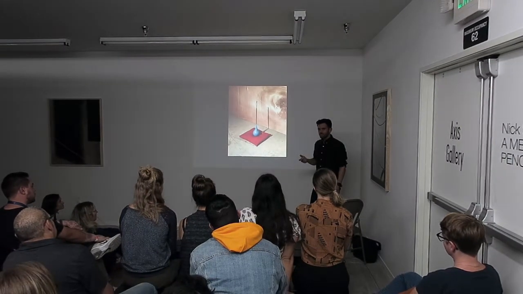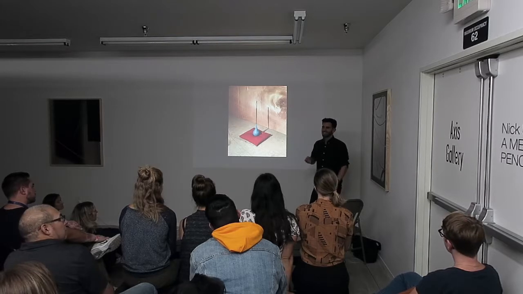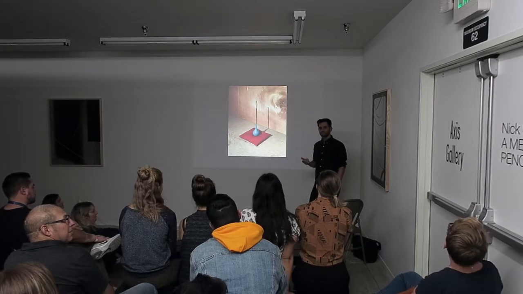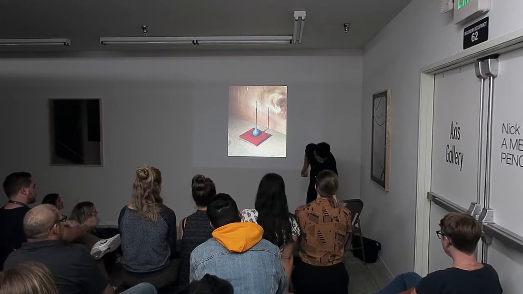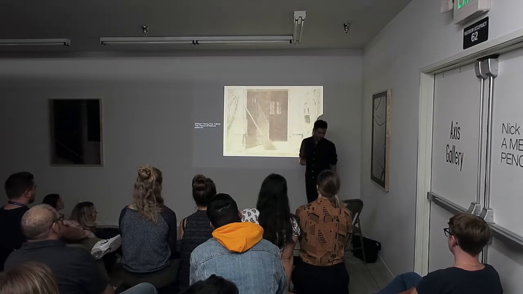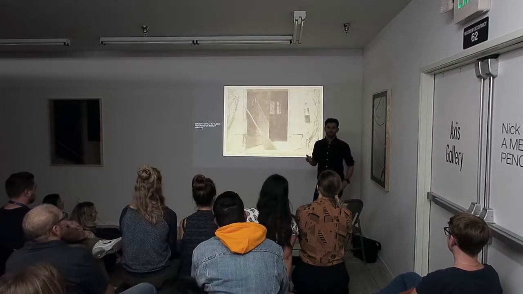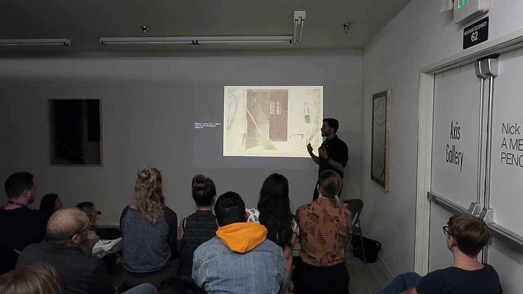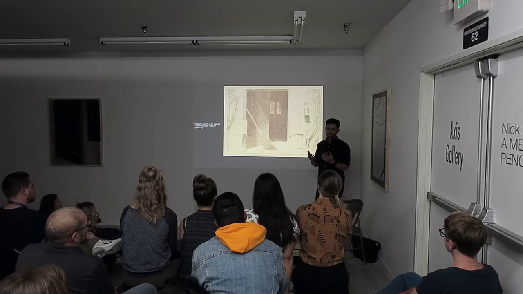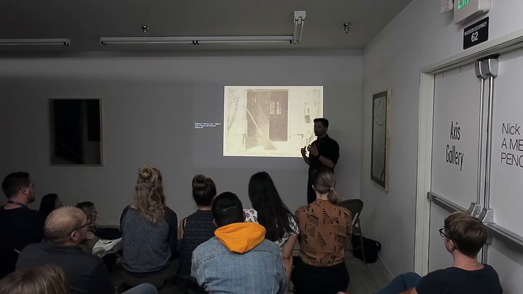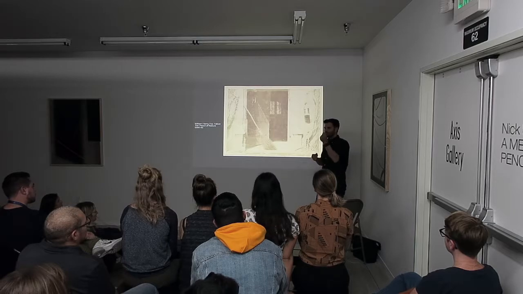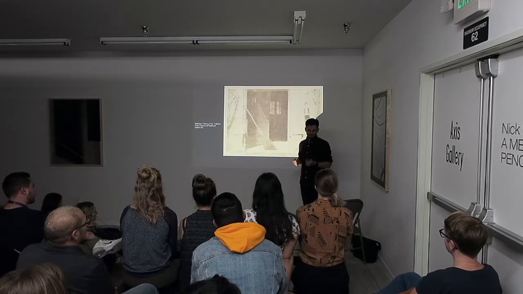The title of the show is A Mechanized Pencil, and that is an allusion to William Henry Fox Talbot's Pencil of Nature, which is one of the sort of seminal publications in photo history. 1844, that's like when the medium was invented.